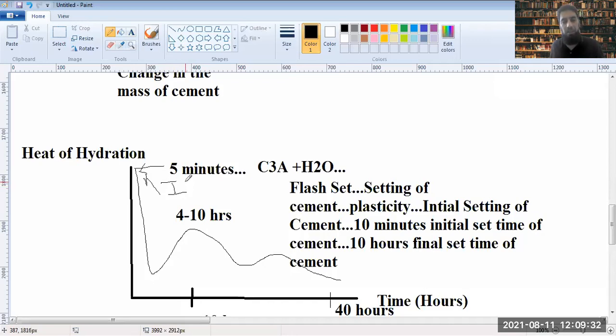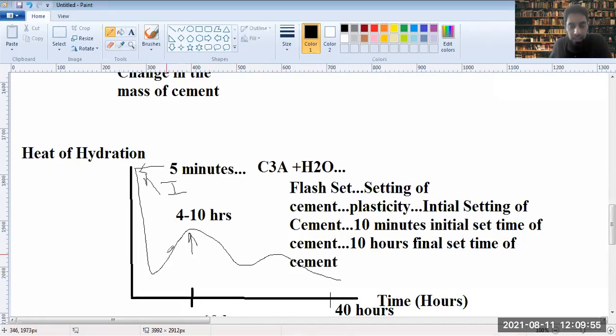The reactions are happening very quick. C3A is reacting. Then between 4 to 10 hours, there is a reaction of other compounds, C3S, C2S. They are reacting within the cement with H2O, and the hydrated products are being formed.